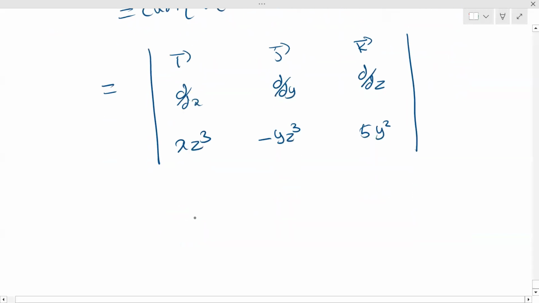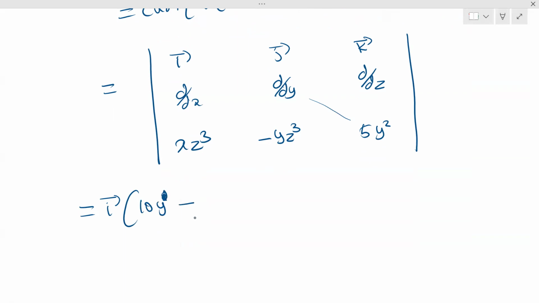Here we have to expand the determinant. I vector into dou by dou y of this one. So 5y square, that is 10y, minus dou by dou z of minus yz cube. So that is minus 3yz square, minus j vector into dou by dou x of this one is 0.